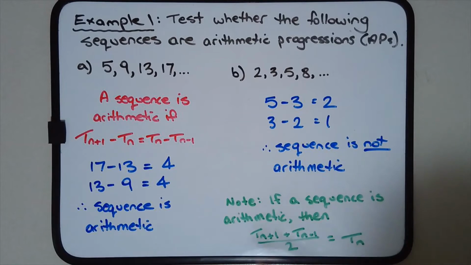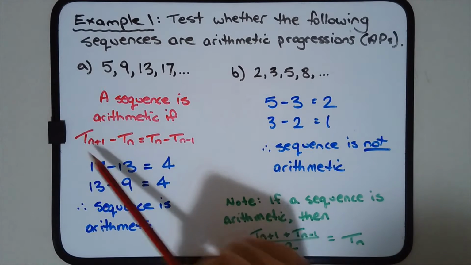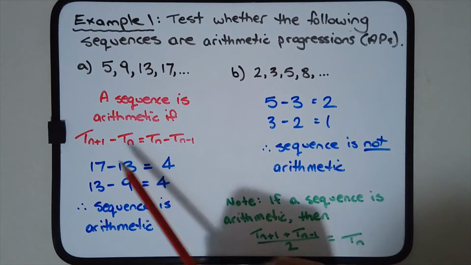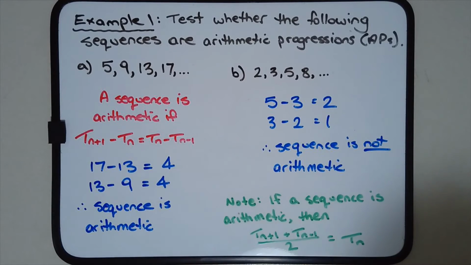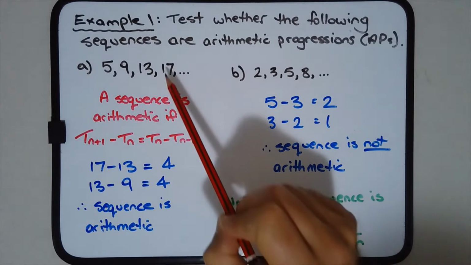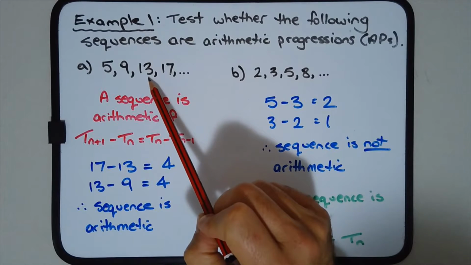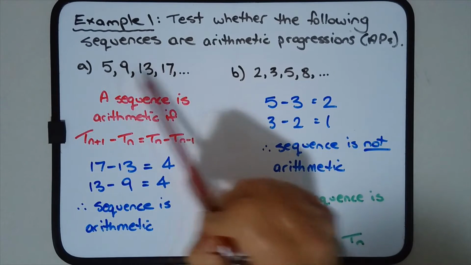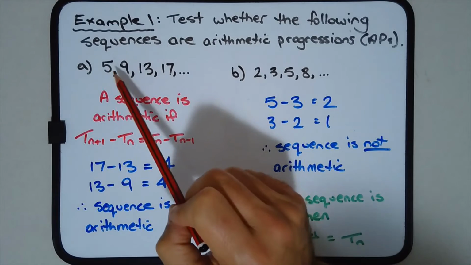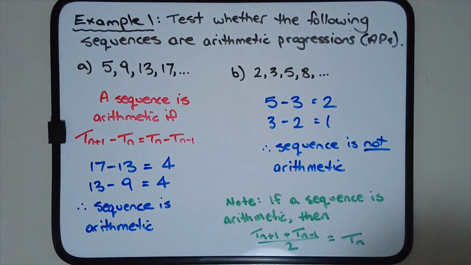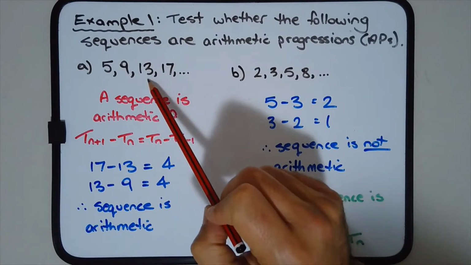Now, just as a side note, if we go back to what was written here in red, and we made Tn the subject of the formula, then what you end up with is the average of two terms. So let's say we chose a term and we looked at the terms on either side of it, Tn plus 1 and Tn minus 1, and we took the average of those, it should equal the term in between.